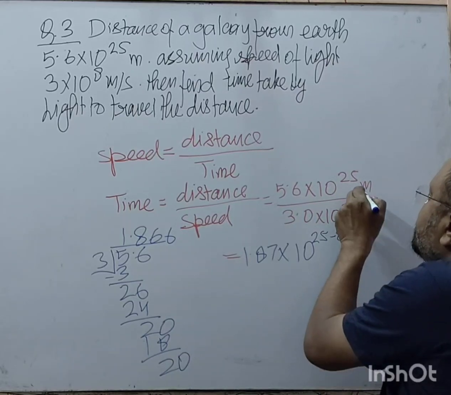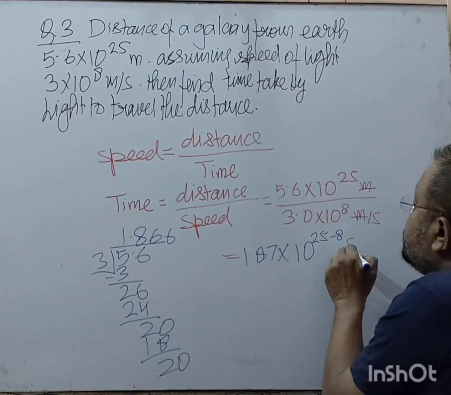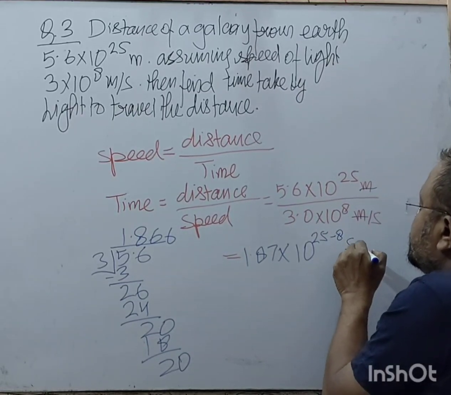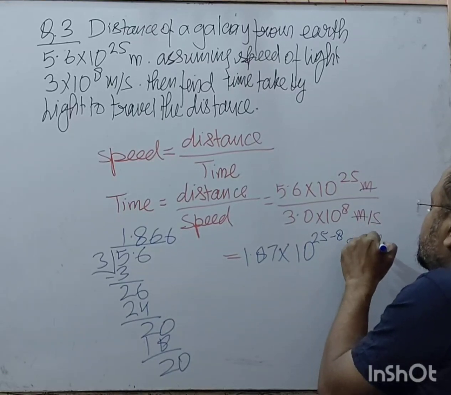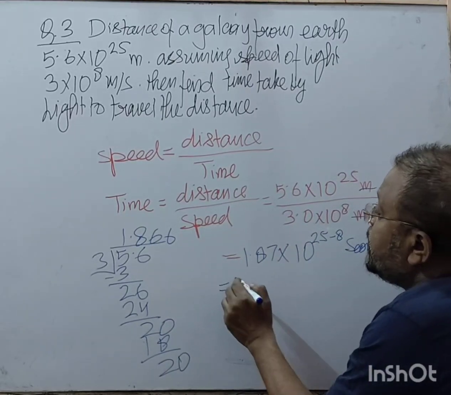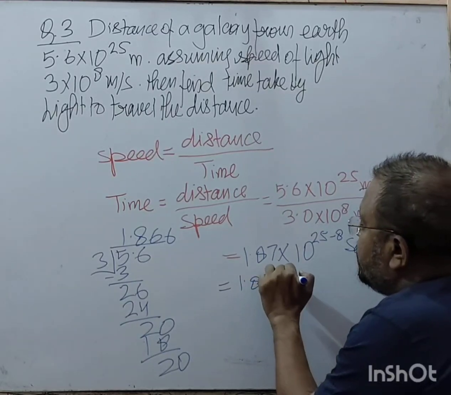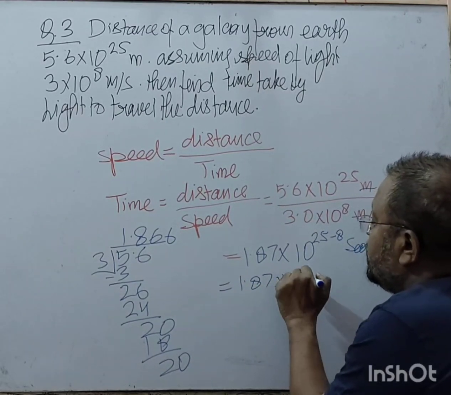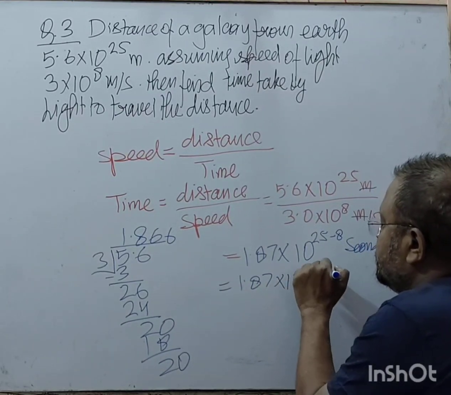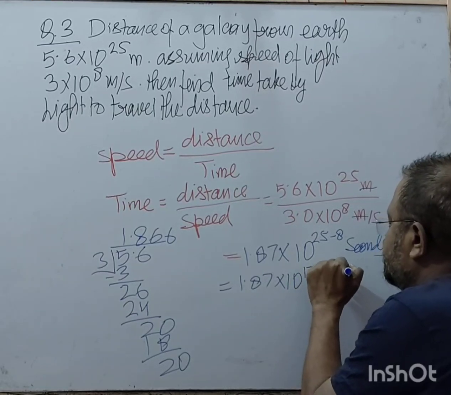Meter and meter cancel out, so it is seconds, right? So you get 1.87 into 10 to the power 17 seconds.